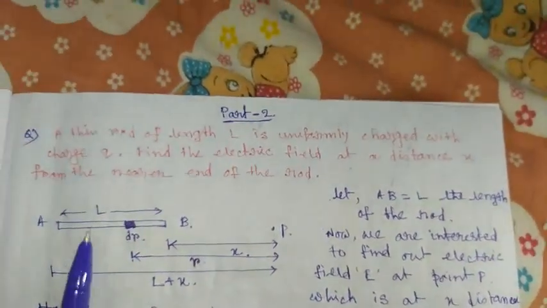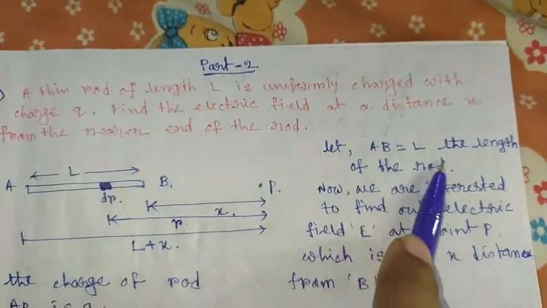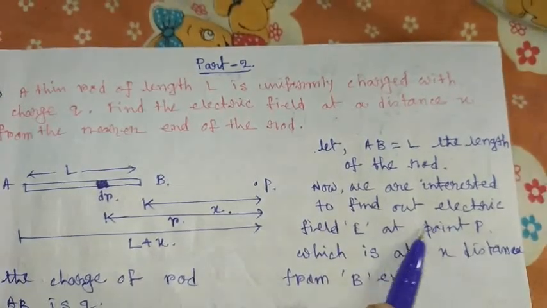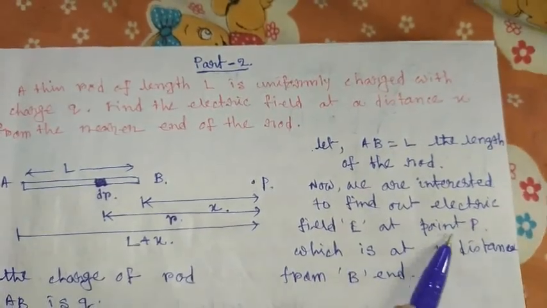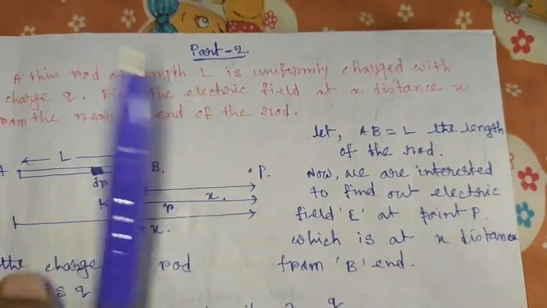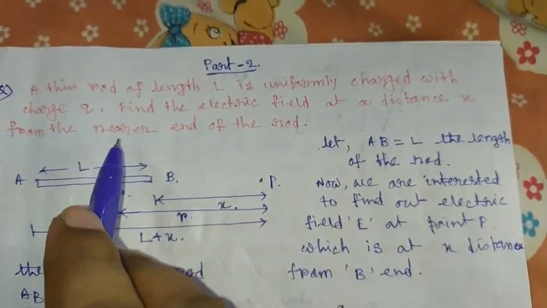In the diagram AB, the length of the rod, which is L, we are interested to find out the electric field at point P, which is at x distance from the B end, because in this question it is asked from the nearer end.